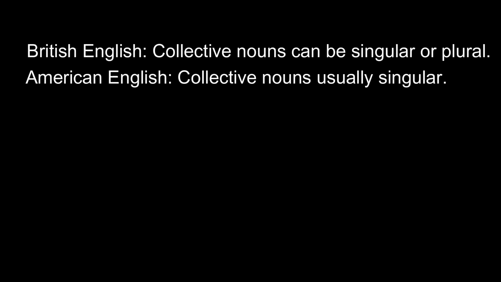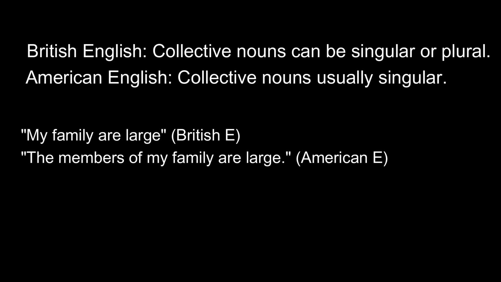By the way, there is a difference between British English and American English when it comes to collective nouns. While British English allows collective nouns to be used with both singular and plural verbs, American English generally treats collective nouns as single units, using singular verbs. Therefore, in American English, it is common to express the members of a collective noun explicitly if referring to individuals.